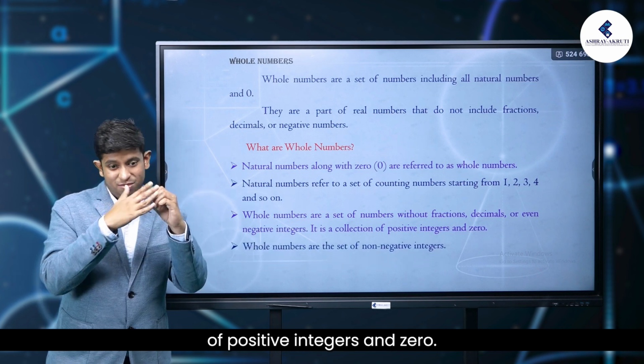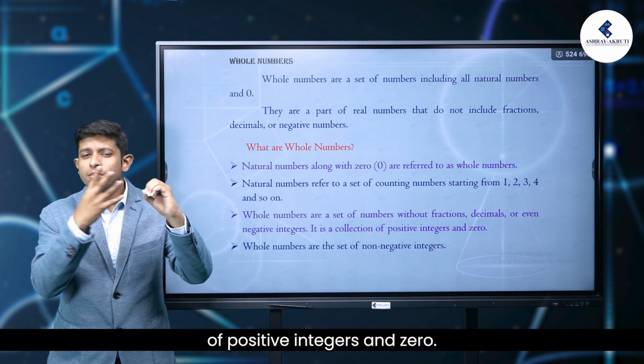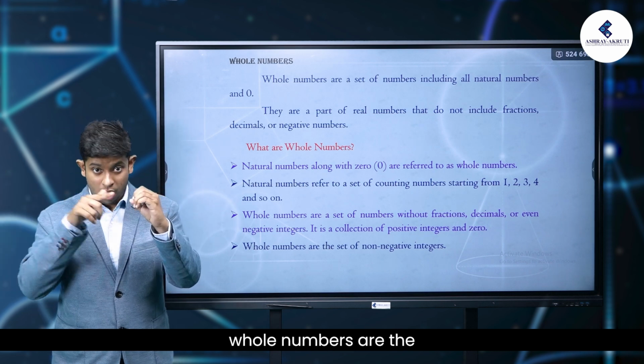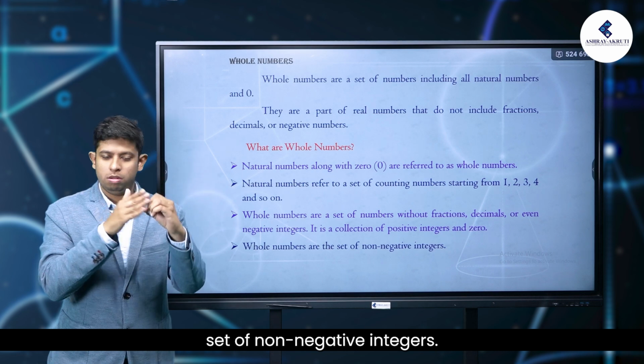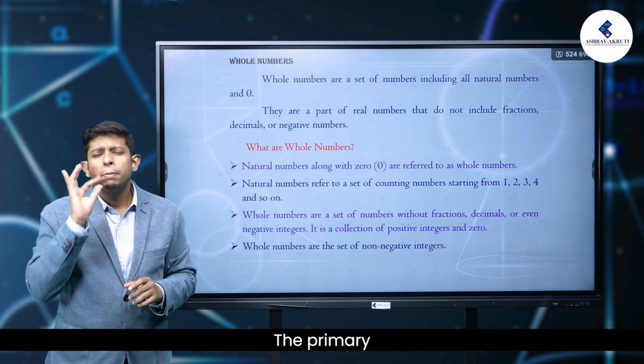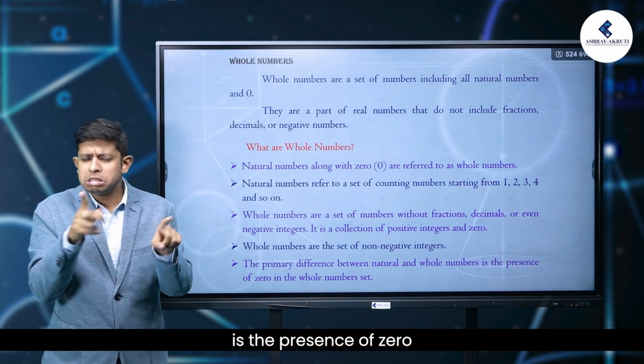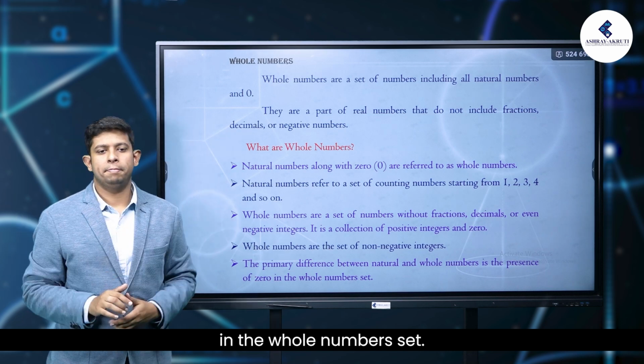It is a collection of positive integers and zero. Or we can say that whole numbers are the set of non-negative integers. The primary difference between natural and whole numbers is the presence of zero in the whole number set.